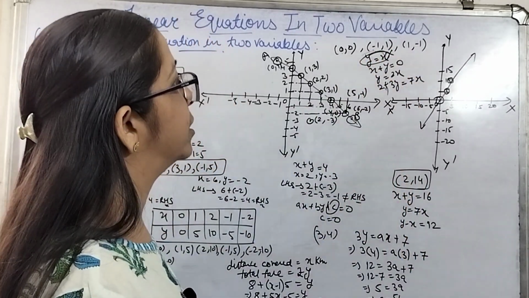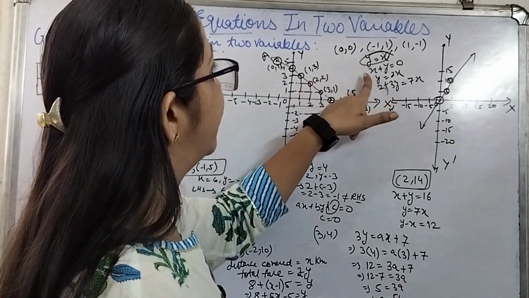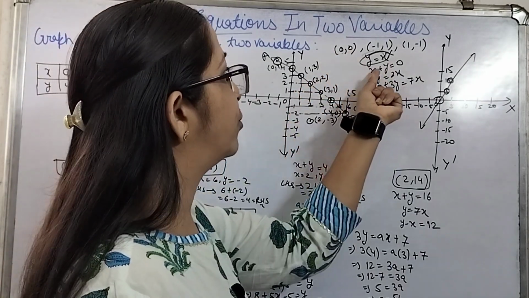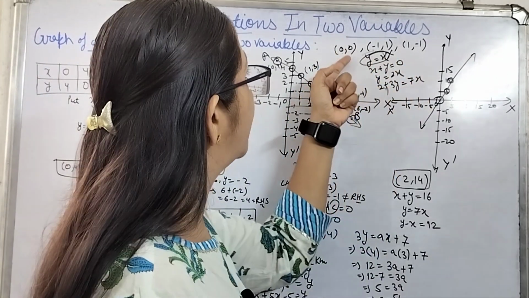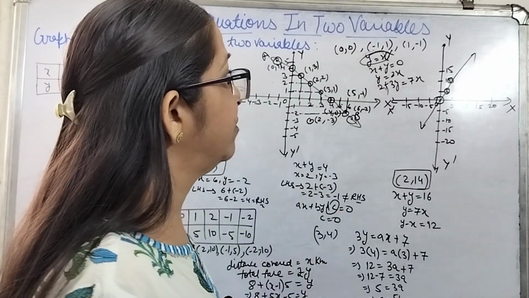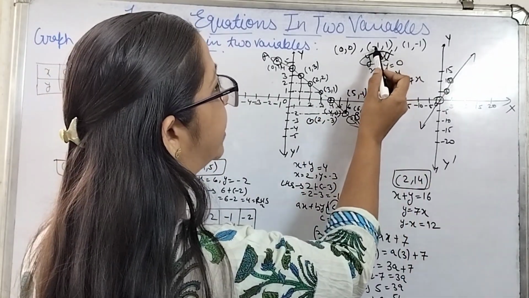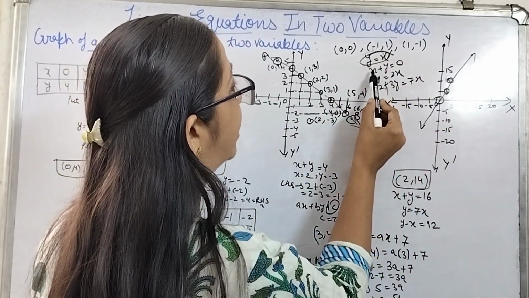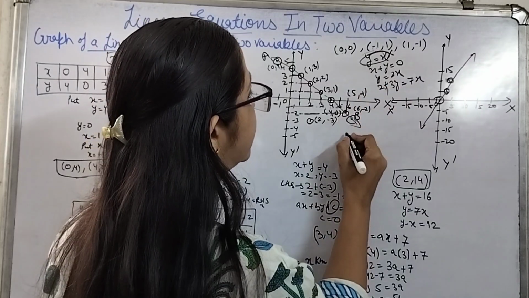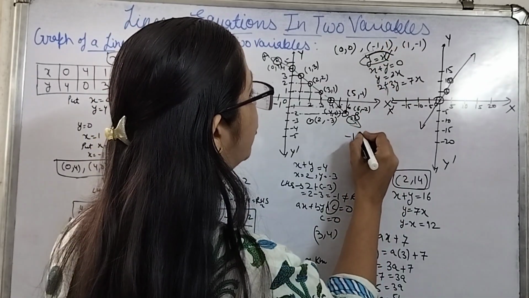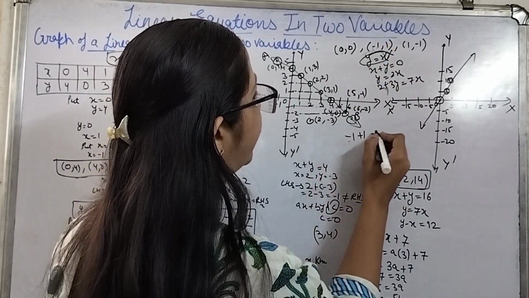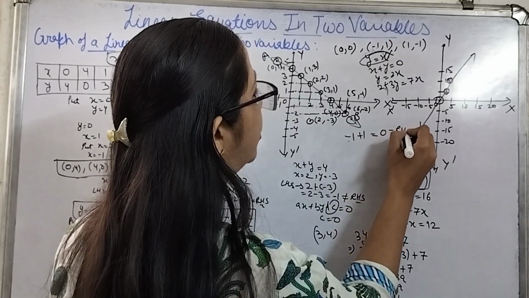Now we are checking the second equation. Over here, if x is 0, y is 0, so 0 plus 0 is 0. This point is satisfying this equation. Now we are taking the second point, that is minus 1, 1. So if I keep x equivalent to minus 1 and y equivalent to 1, it will become 0, and it is also the RHS.